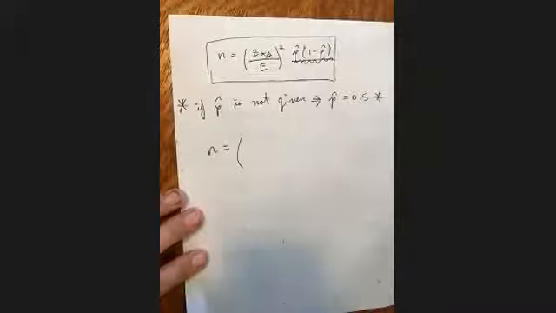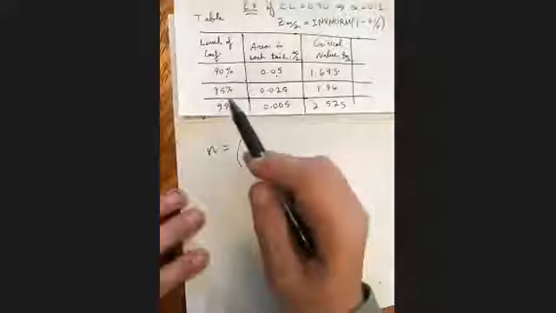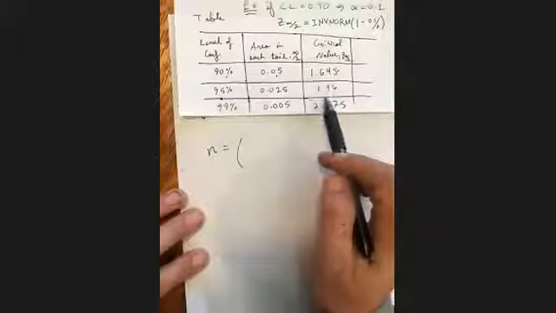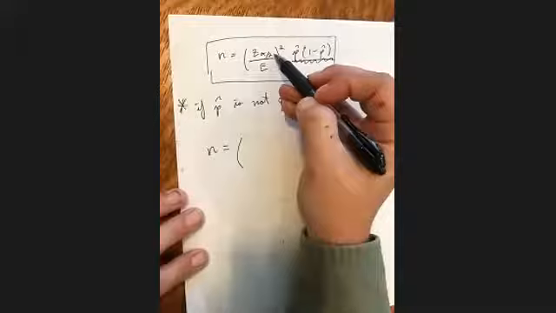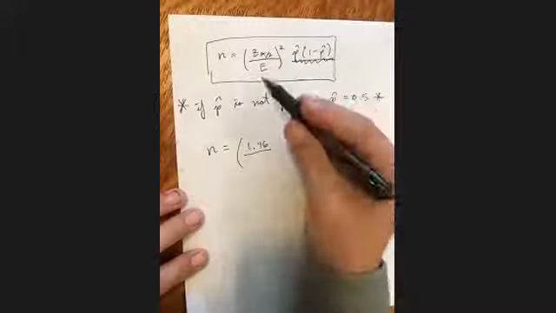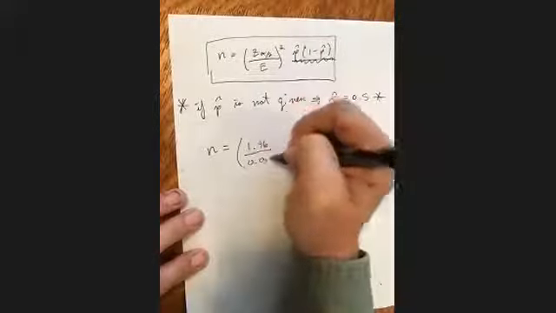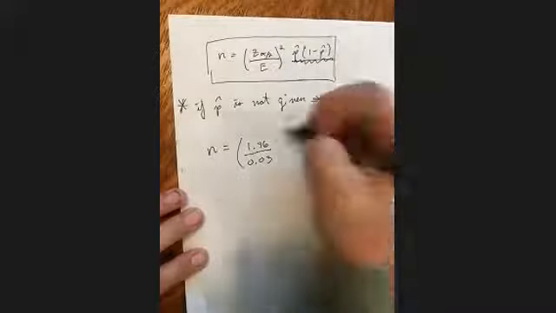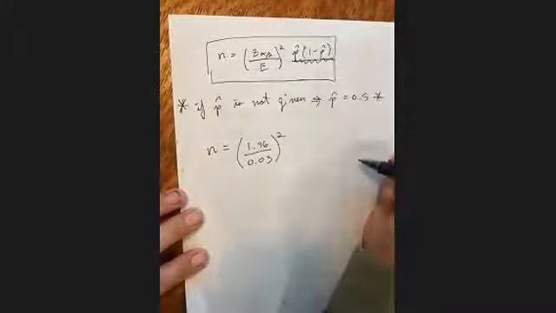Well, that's going to be the Z alpha over 2 value for 95% confidence, which again, we go to our table, 95% confidence, critical value is 1.96. So 1.96 over the margin of error, which we were told was 3%, so that's 0.03. That gets squared.